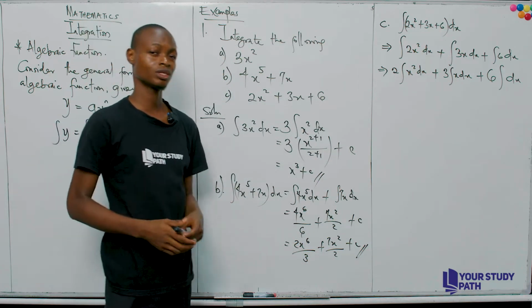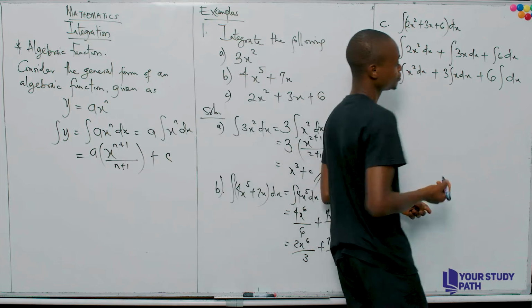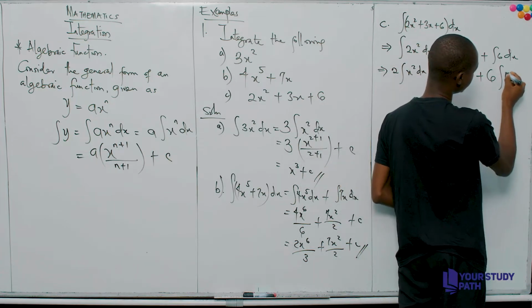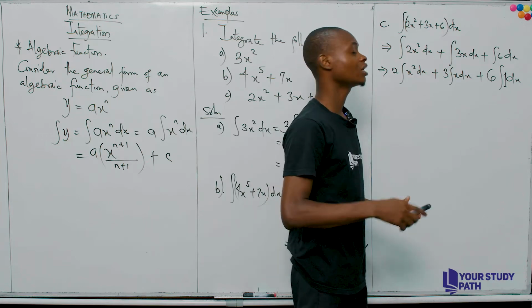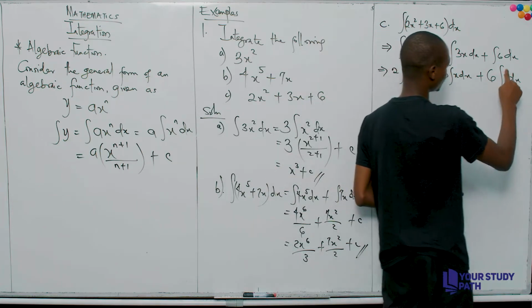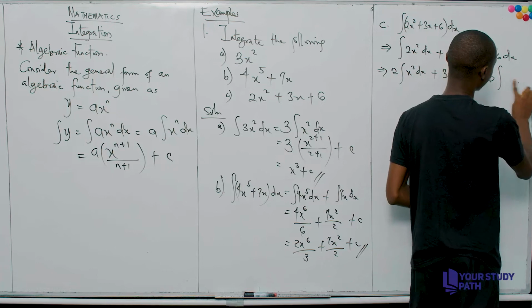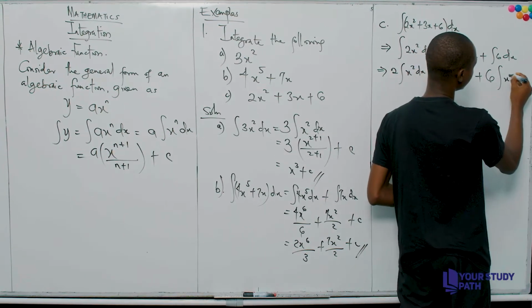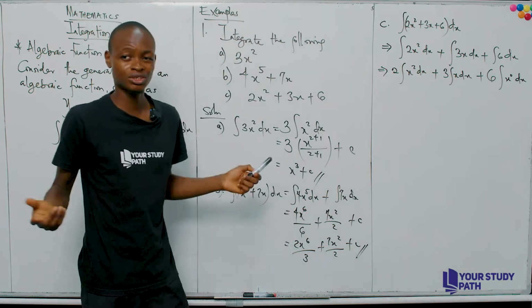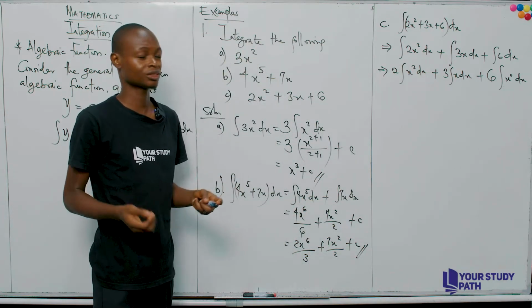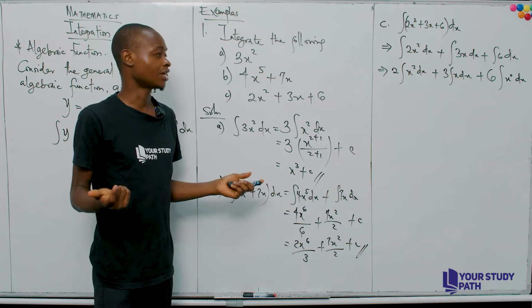How then do I solve that? Do not forget that if I have integral of dx, it's the same thing as saying integral of 1 dx, right? And then 1, how can I rewrite 1 in terms of the variable? Do not forget again that I can rewrite 1 as x raised to power 0 dx. So whenever you see integral of dx, just assume it's x raised to power 0 dx. Just as simple as that.